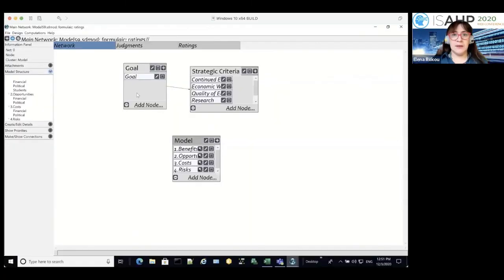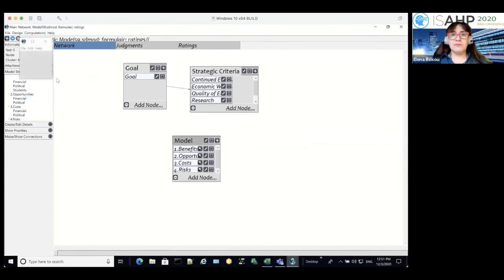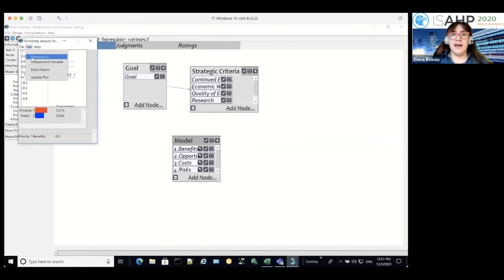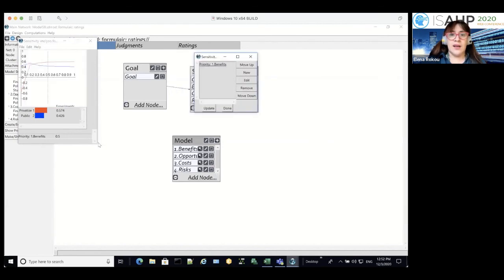Now, the sensitivity analysis for this kind of model is a whole story by itself, but let's keep in mind that being at the top level, and only when you have the additive negative formula, you are able to set up an AHP sensitivity, because the top level is an AHP model, and you can define your independent variable in such a way that you can work and find, with respect to the benefits in the main network, that is the first one, how the values change.